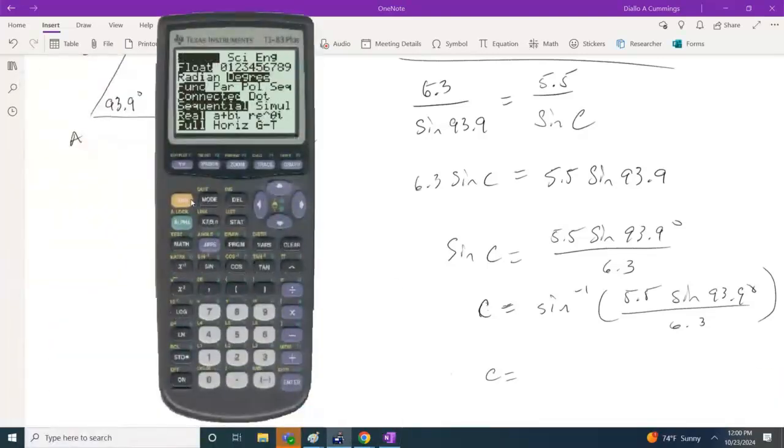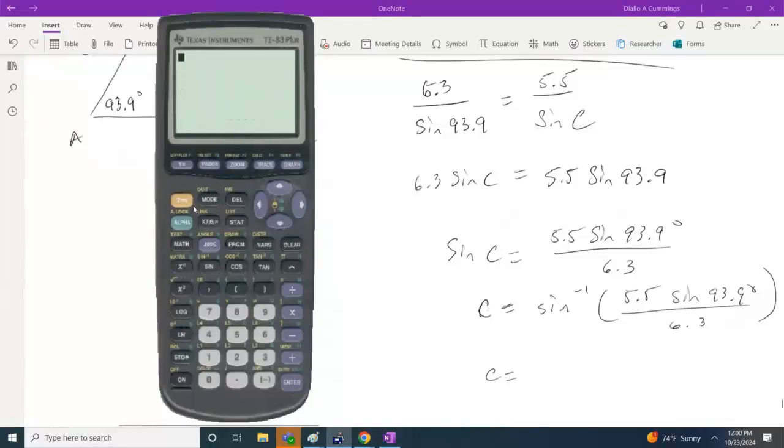If we put that into our calculator, this is the arc sine of 5.5 times the sine of 93.9, close off your argument for sine, divided by 6.3, and we get 60.6 degrees.